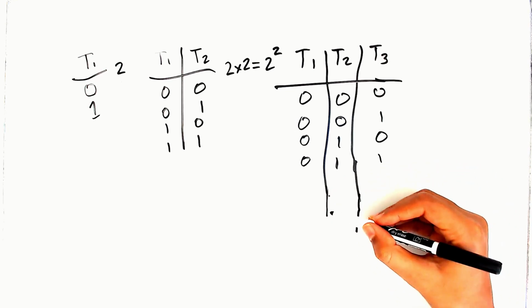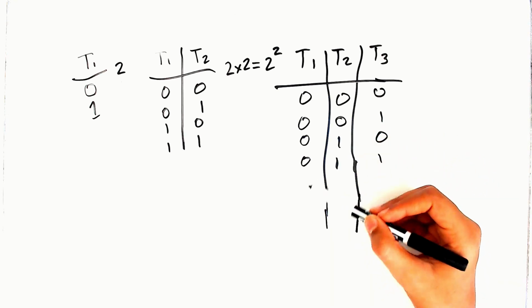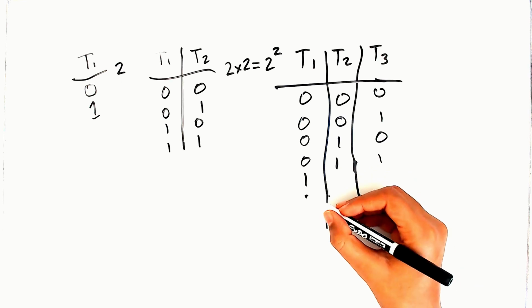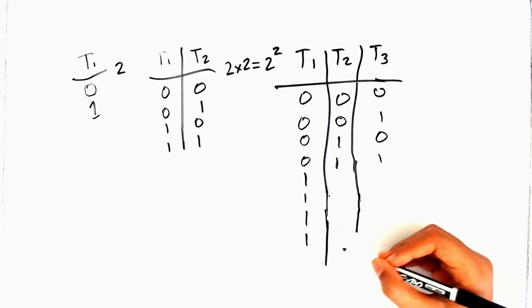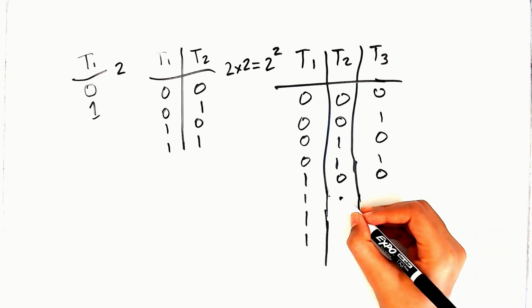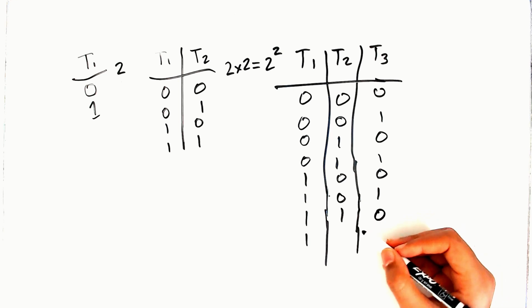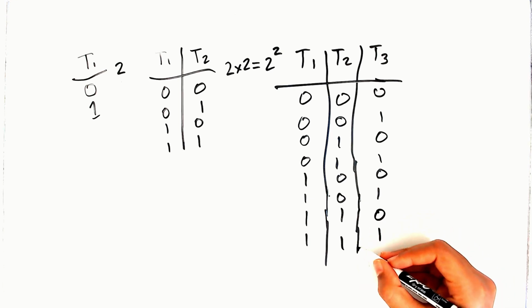Now, technically, we have 4 zeros, right? So let's draw 4 ones. Let's write 4 ones. And let's copy this down. So 0, 0, 0, 1, 1, 0, 1, 1.